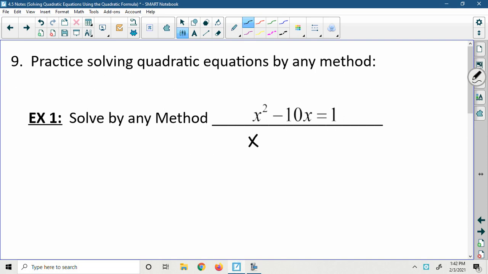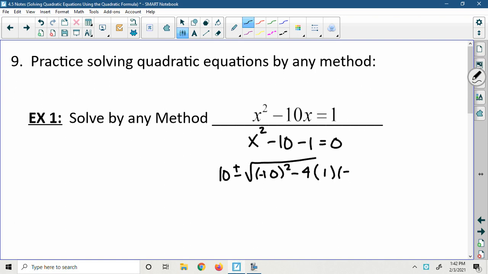What you have to do first is subtract that 1 over, so it equals 0. And then you can start setting up the quadratic formula. So it'll be negative b, which would be negative 10, so 10, plus or minus the square root of b squared, so negative 10 squared, minus 4 times the a number, which is a 1, times the c number, which is a negative 1, all over 2 times the a number, which is 1.